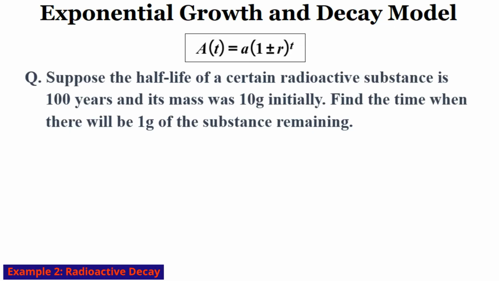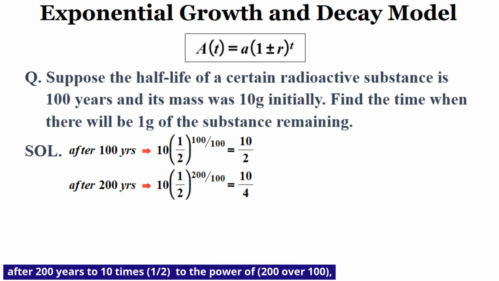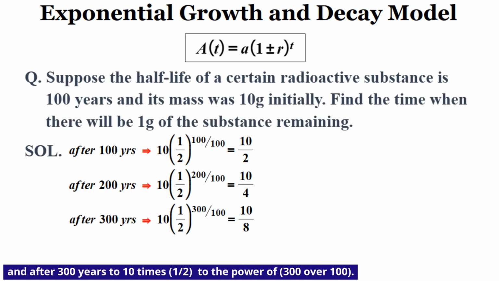Example 2, radioactive decay. After 100 years, it reduces to 10 times 1/2 to the power of 100 over 100. After 200 years to 10 times 1/2 to the power of 200 over 100. And after 300 years to 10 times 1/2 to the power of 300 over 100.